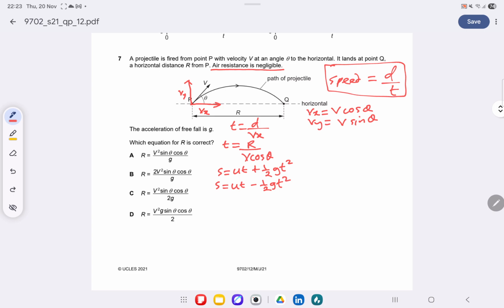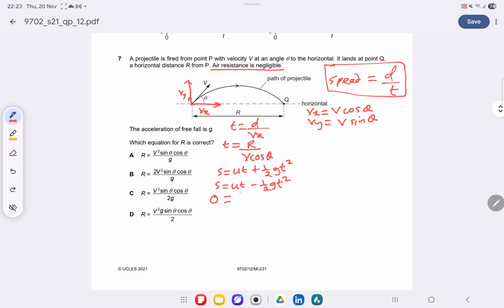But remember, if we are looking at it vertically, we shot the thing from P and then it arrived at Q, so we are looking at the displacement vertically from P to Q. Vertically, you can see P and Q are at the same level, which means the vertical displacement is 0. So our s here is 0.